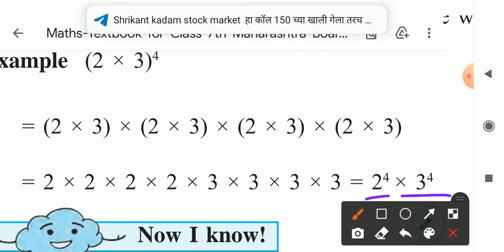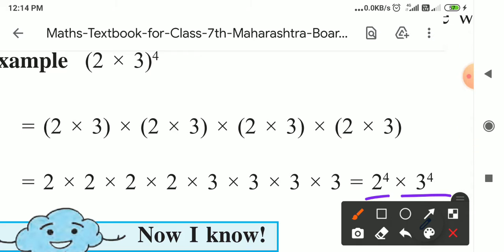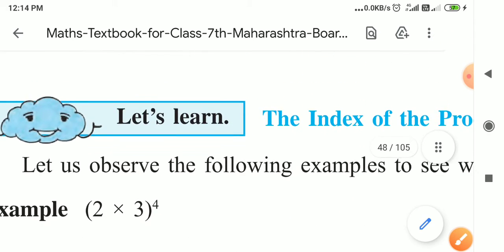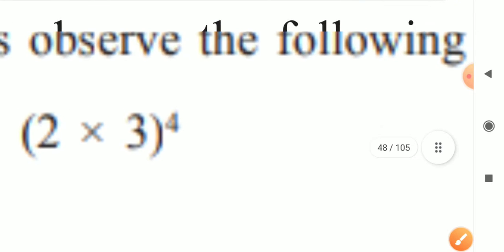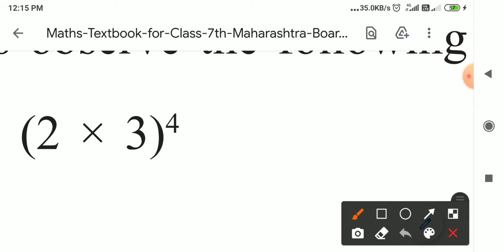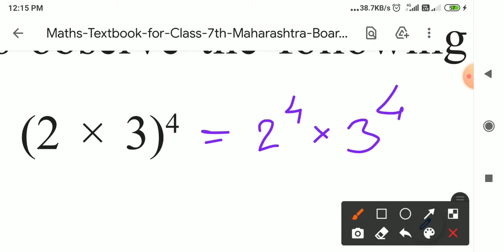So these steps are given for understanding. Actually, whenever this type of example comes in the exam, (2 into 3) raised to 4, meaning bracket to the power 4, means 2 raised to 4 into 3 raised to 4. This is the rule.